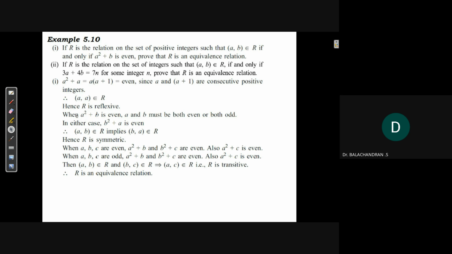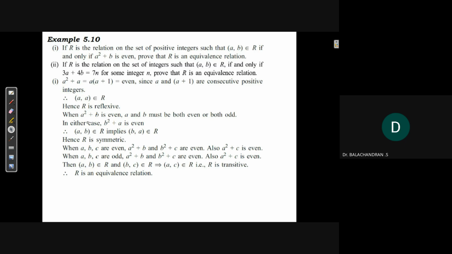If both a and b are odd, a square plus b is even. Similarly, if a and b are even, a square plus b is even. So if a square plus b is even, then both of them are either odd or even.